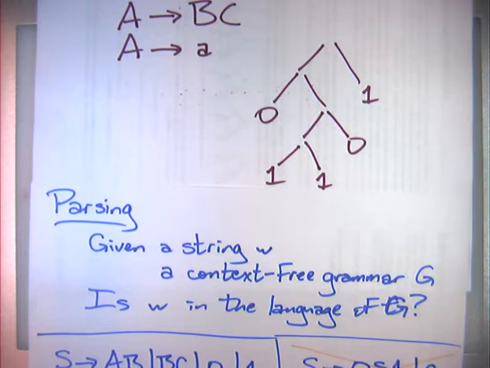And in fact, when you're dealing with programming languages, when you're dealing with natural languages, when you're doing applications of parsing, this is the problem that you actually want to solve. You don't just want to know that this is a syntactically correct Python program. You want to understand the structure of the program.